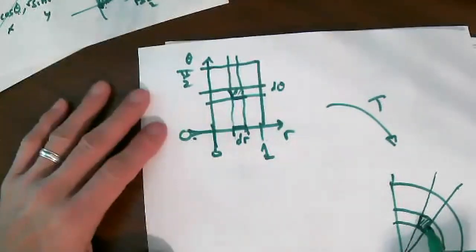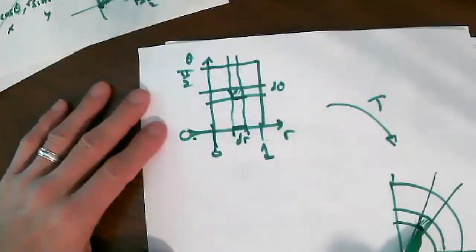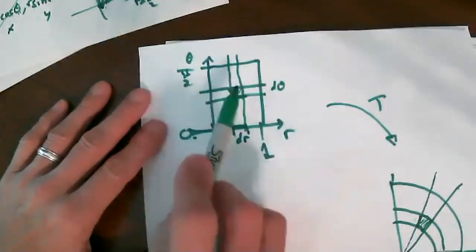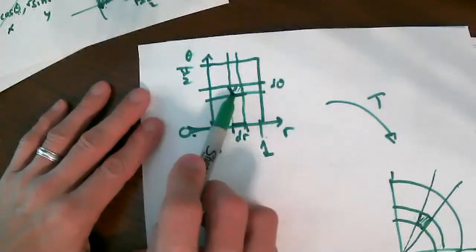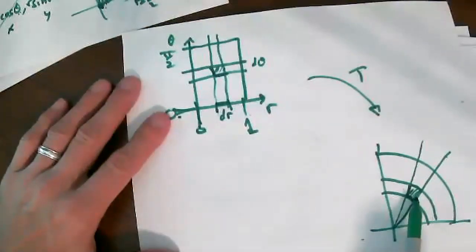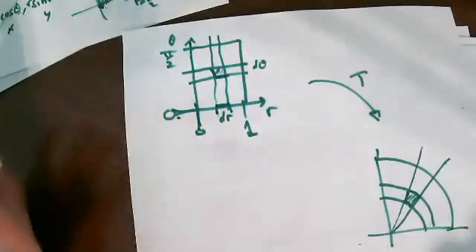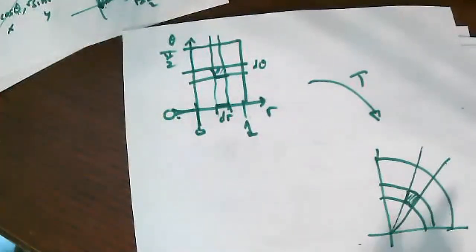Although they're not rectangles, they still have an area, and you'd like to ask, how do I calculate the area of that little piece from the area of this little piece? This is the one that's the area that's easy to compute, but this is the area that we need for our integration problems. Well, I have an answer for you.